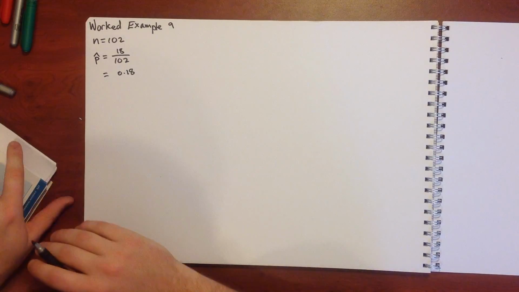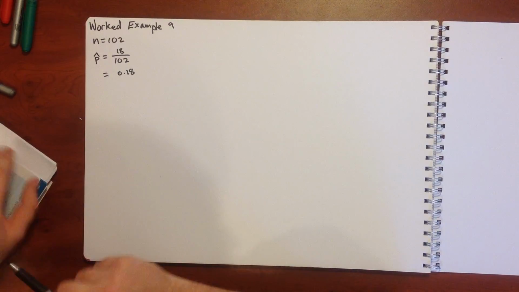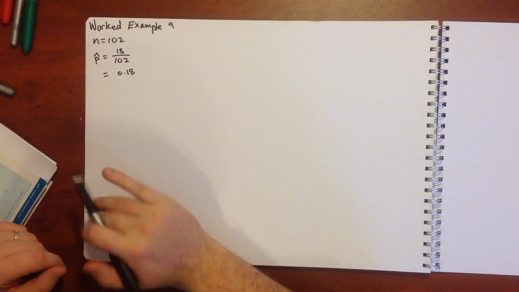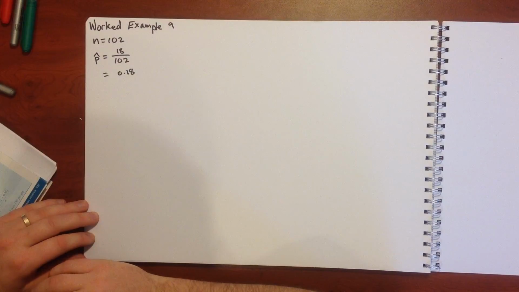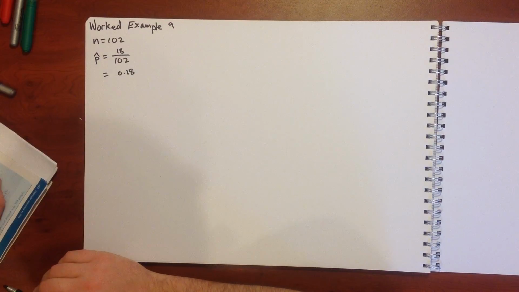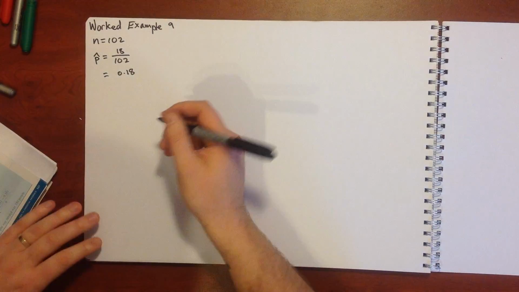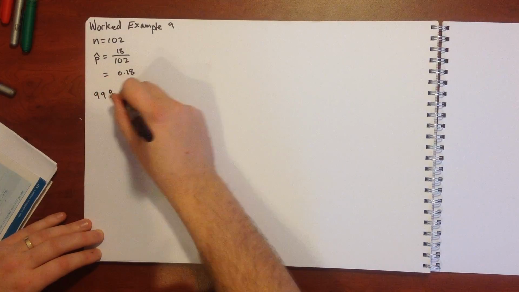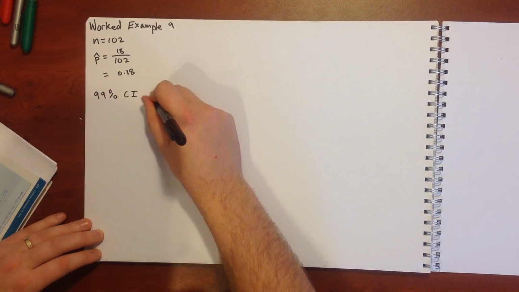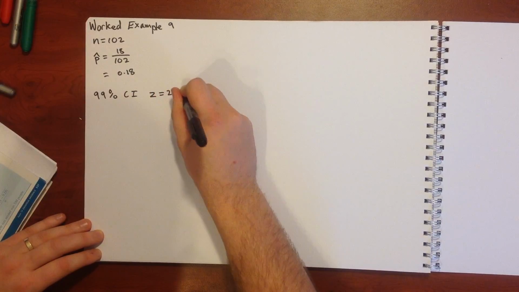Okay, so basically we're saying that our estimate of the proportion of the population is going to be our p hat, our 0.18. So for our 99% confidence interval, z equals 2.58.